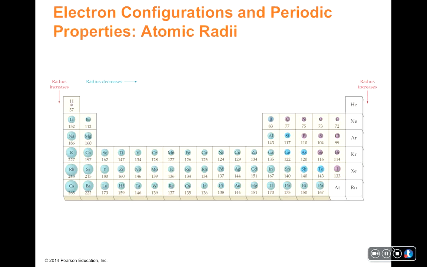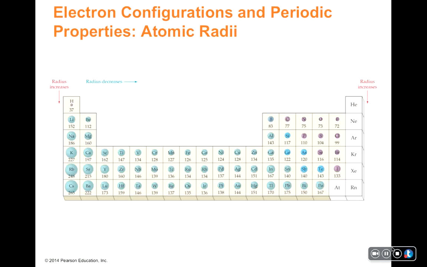But it turns out that effective nuclear charge that I talked about before comes into play here. So as we increase the number of electrons, their actual effective charge is decreasing because the electrons nearby are shielding them from the pull of the nucleus. So their radii actually will decrease.